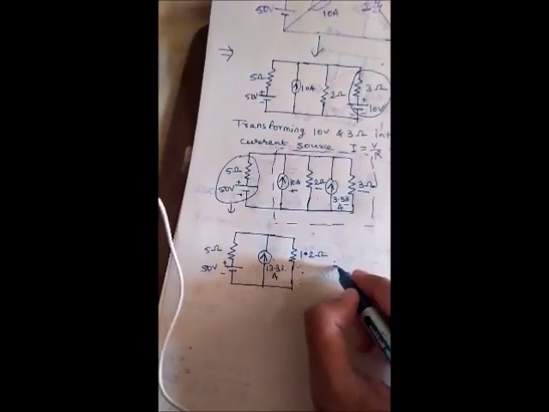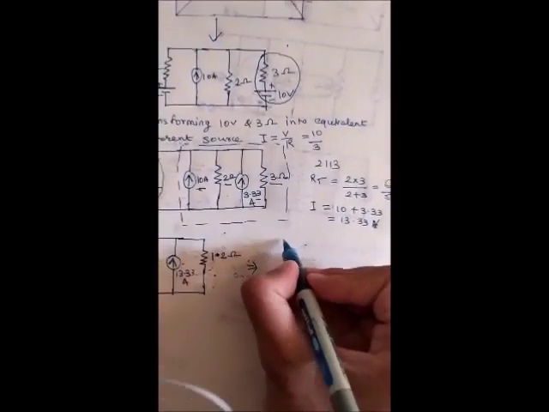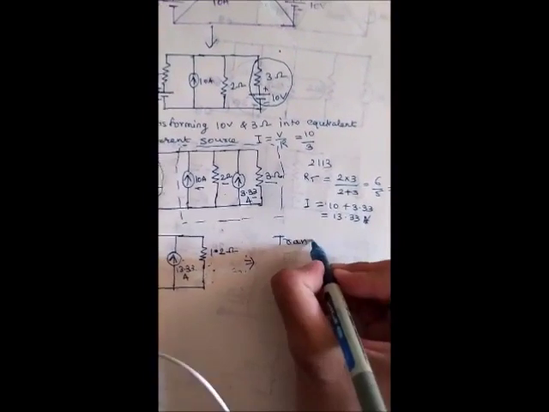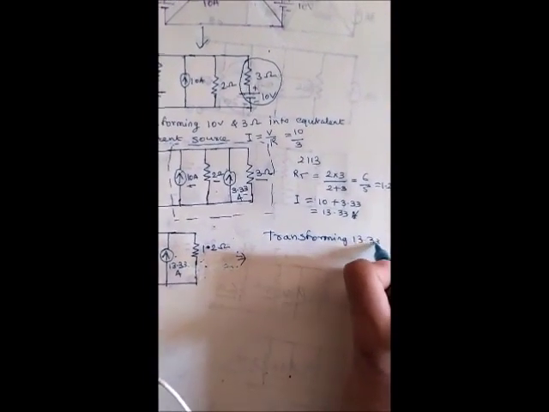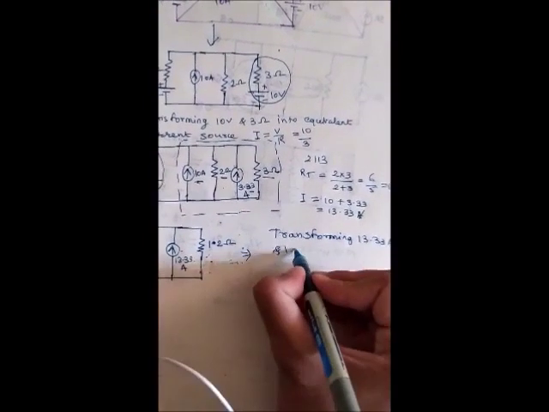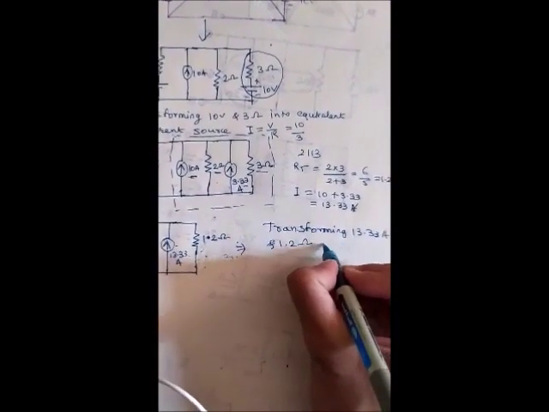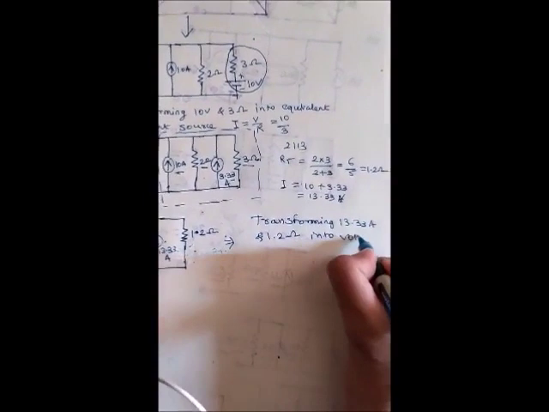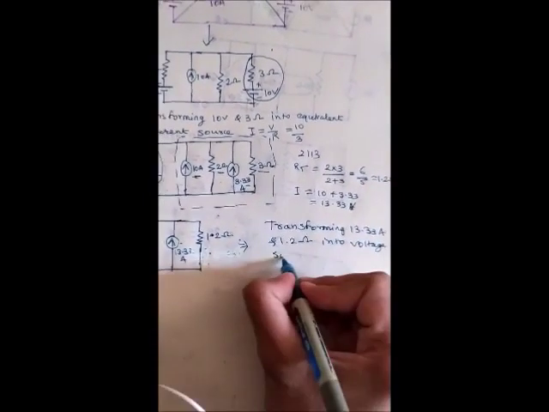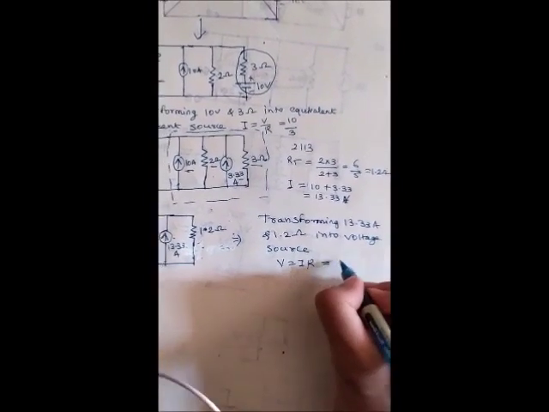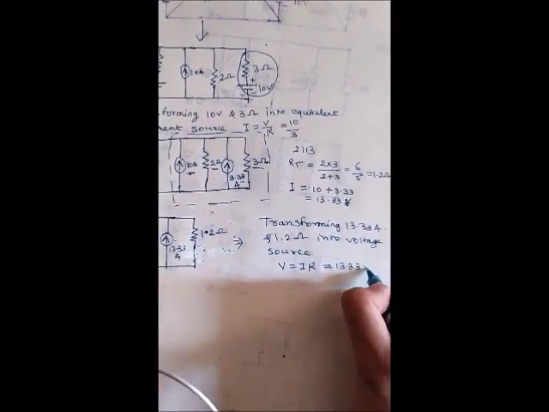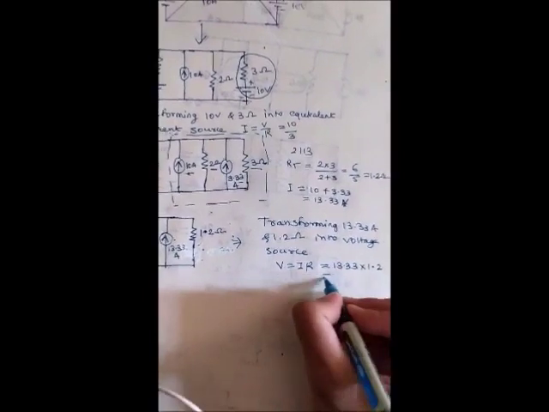Now transform this current source in parallel with the resistance into a voltage source. Transforming 13.33 ampere and 1.2 ohm into a voltage source, V equals IR, 13.33 into 1.2.